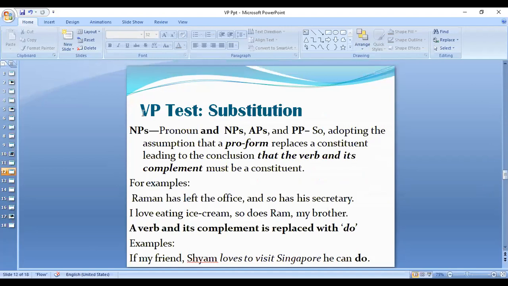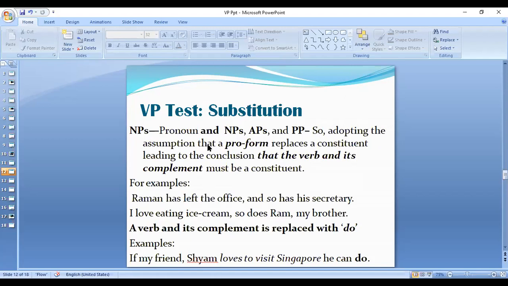Now, how to identify the verb phrase? There are some tests of whether it is a verb phrase or not. According to some rules, the verb phrase is tested with substitutions. A noun is often substituted or replaced with a pronoun, and noun phrases, adjective phrases and prepositional phrases are replaced with the adverb so.